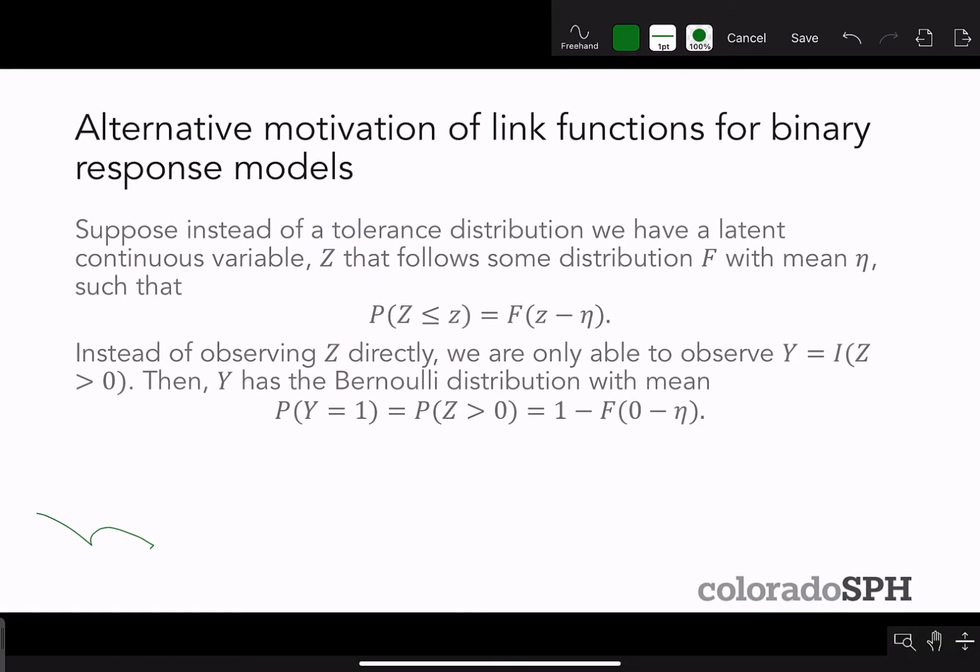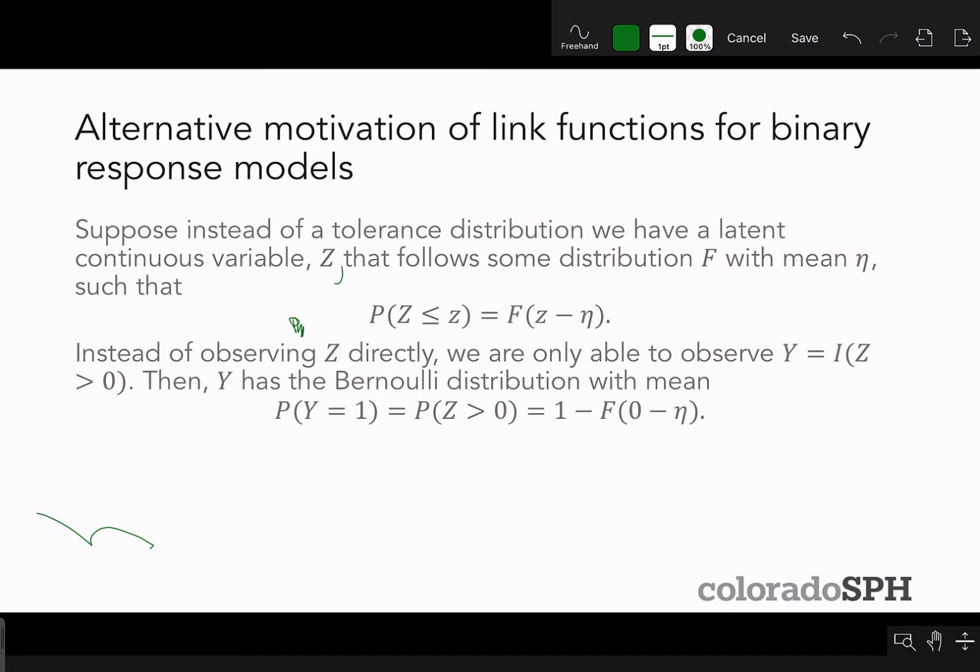That follows some distribution f with mean eta, such that the probability of z is less than z equals f of z minus eta. Instead of observing z directly, we are only able to observe y as an indicator that z is greater than 0. So y is equal to 1 if z is greater than 0, and y is equal to 0 if z is not greater than 0.